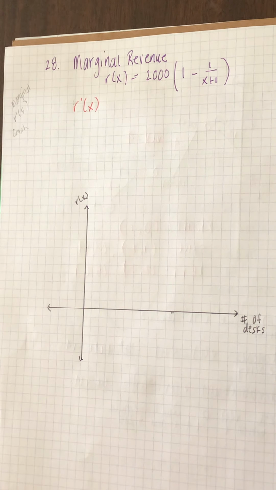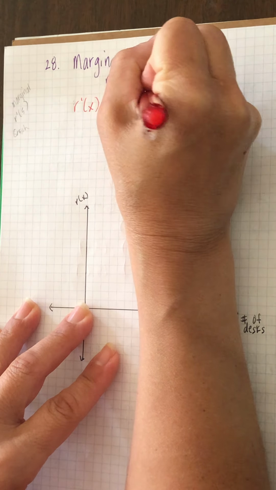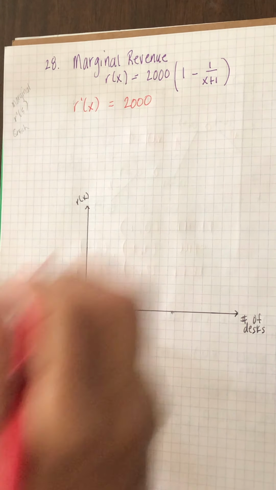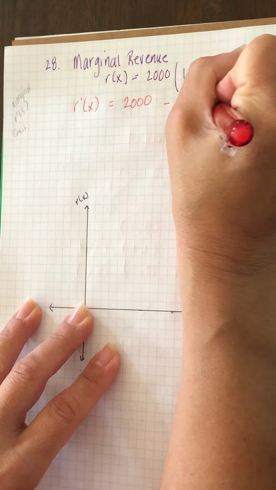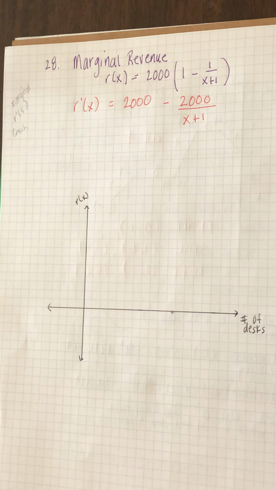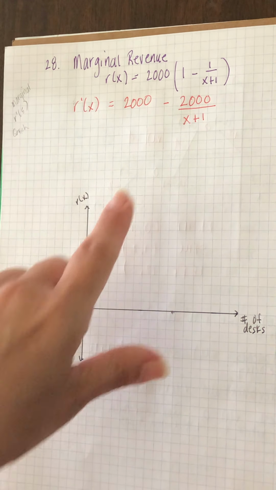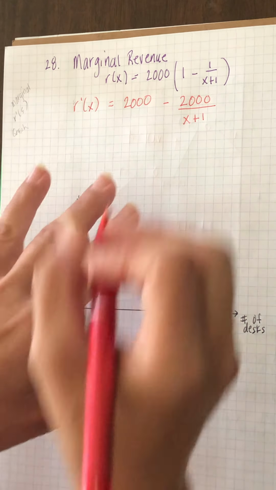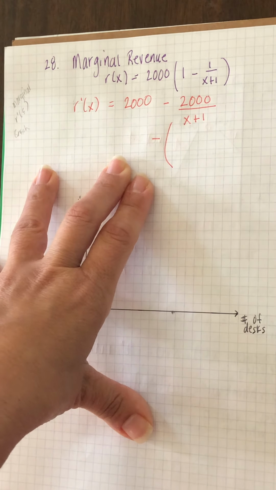Okay, so what we're going to do, I'm going to distribute the 2,000. So the derivative of 2,000 is 0, so we're going to get rid of that. But be careful you don't drop the negative. So this is negative quotient rule.